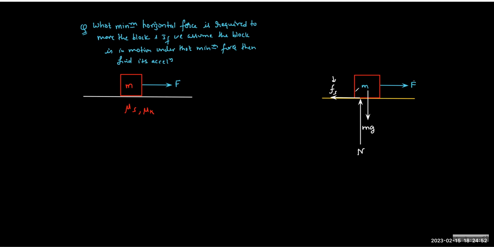As long as F is less than Fs max, f will grow to that value and will stop it. So to set the block into motion, F must be equal to Fs max.